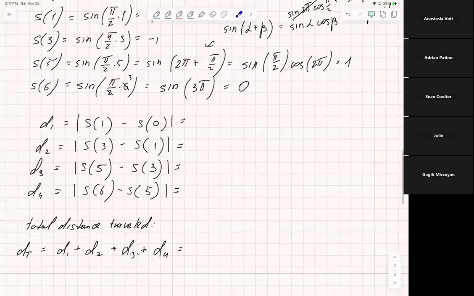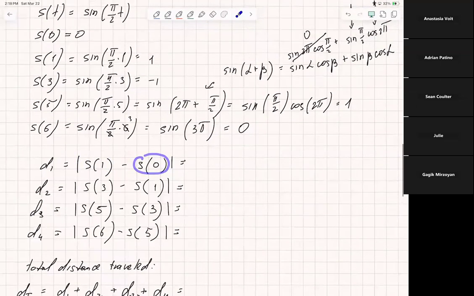So for distance 1, we have s of 1 minus s of 0, and we just plug in the values. We have s of 1 was 1 minus s of 0 was 0. So for the first one, it's going to be 1. Now for distance 2, we have s of 3 minus s of 1. S of 3 was -1, right?